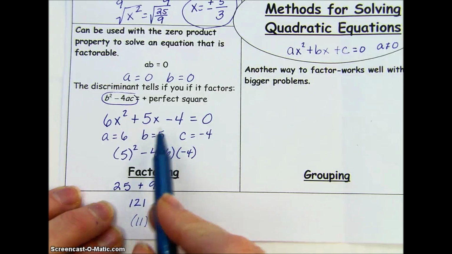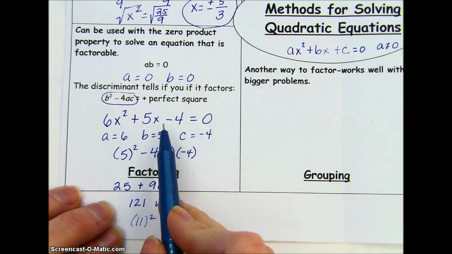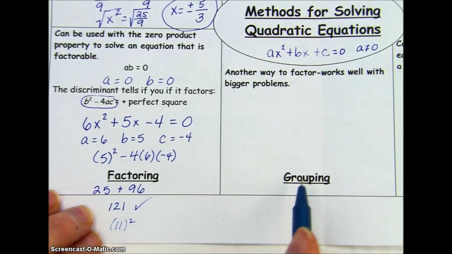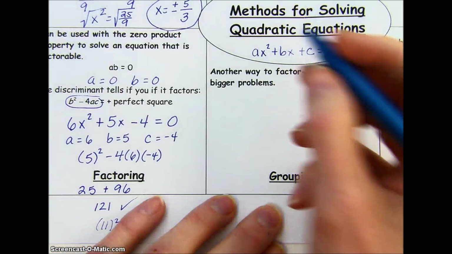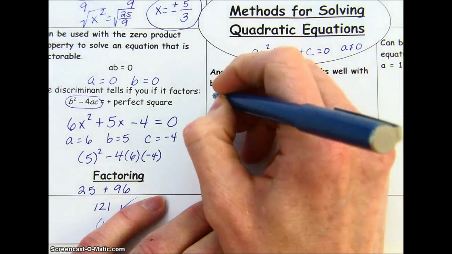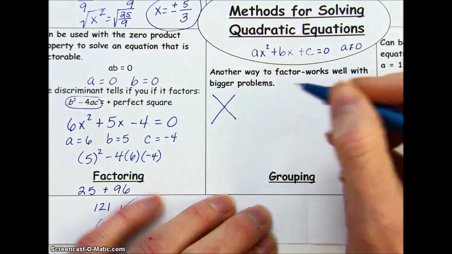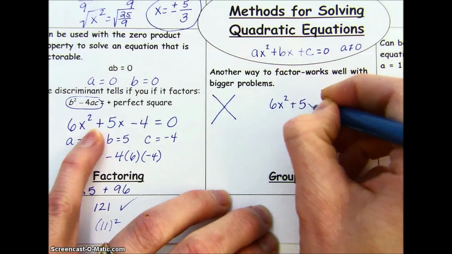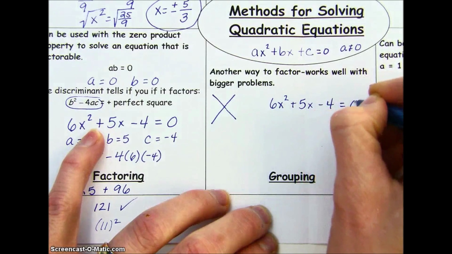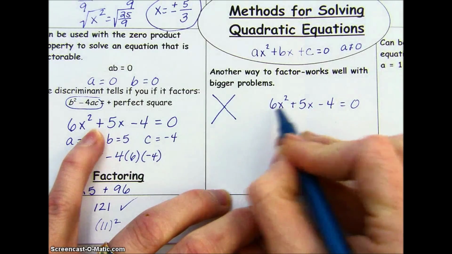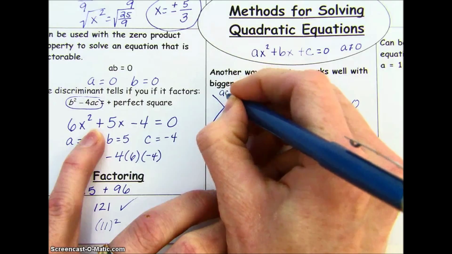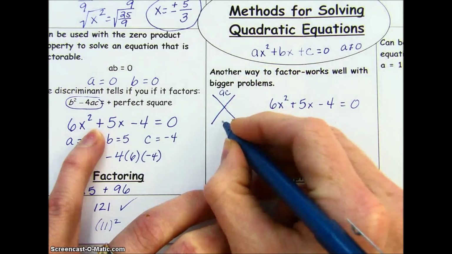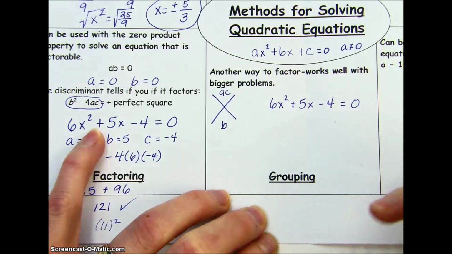So since it will factor, there are different ways to factor this: guess and check method, or you can also use the grouping method. If you're familiar with the grouping method, what we're going to do is take this trinomial and split it into 4 terms. We do that by taking a and c and b, and we fill out this little chart.